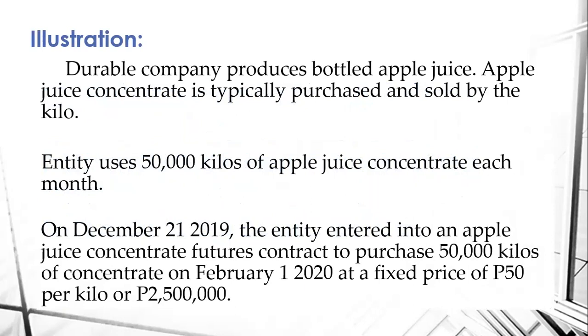The entity uses 50,000 kilos of apple juice concentrate each month. On December 1, 2019, the entity entered into an apple juice concentrate futures contract to purchase 50,000 kilos of concentrate on February 1, 2020 at a fixed price of 50 pesos per kilo, or 2,500,000.